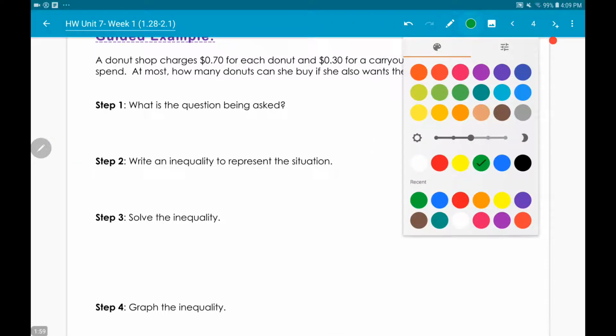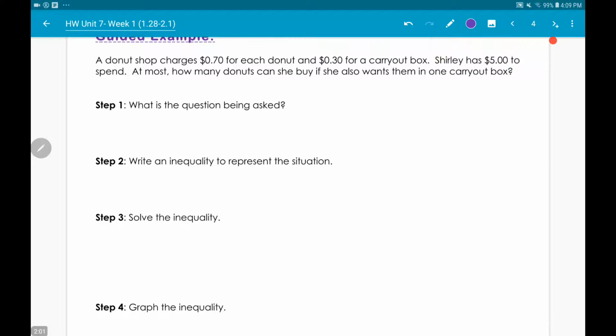A donut shop charges 70 cents for each donut and 30 cents for a carryout box. Shirley has $5 to spend. At most, how many donuts can she buy if she wants one carryout box?